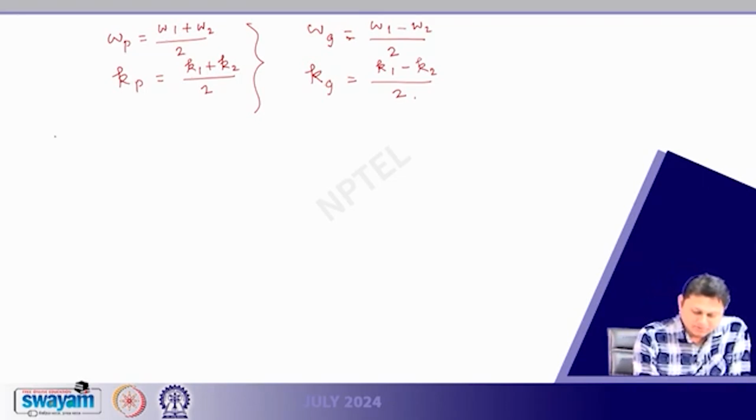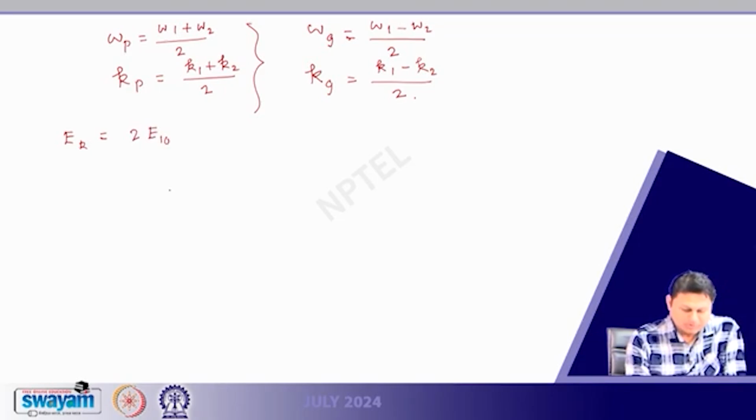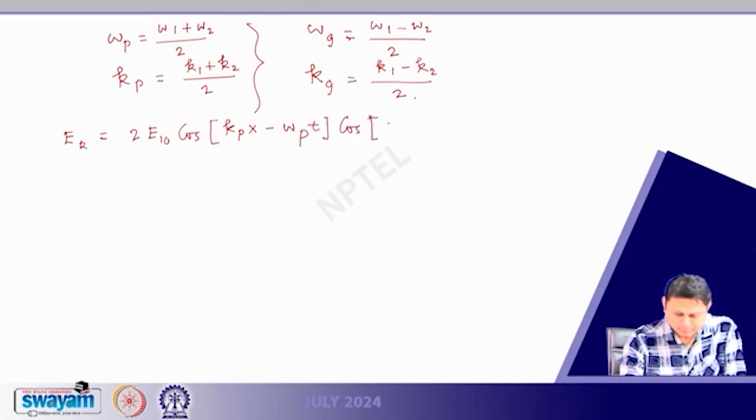So, if I write all together in this new notation, then my resultant ER becomes 2 E10, that is the amplitude, times cos of (Kp x minus omega p t) multiplied by cos of (kg x minus omega g t).